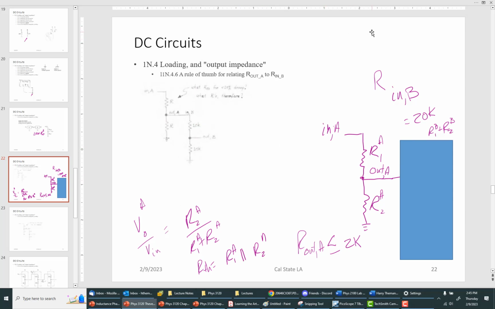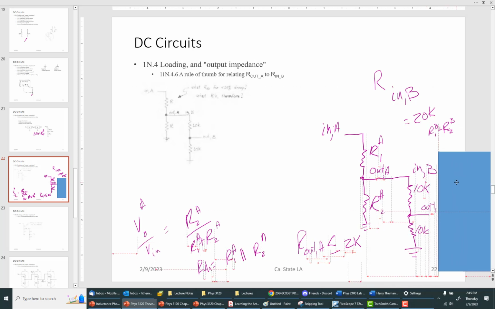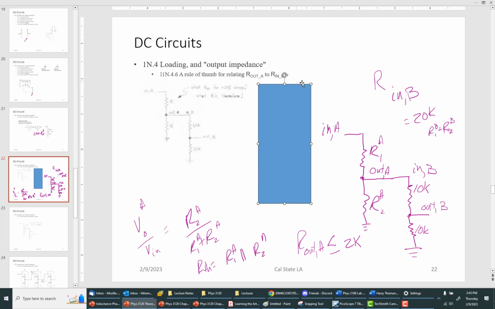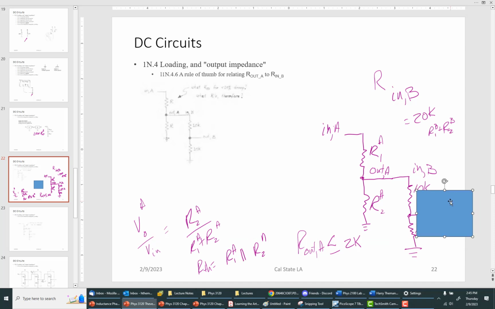Now, I'm telling you that I'm going to hook up two resistors like so. And we see that because I have those ground symbols, which is basically the return to the power supply, I have a current path.